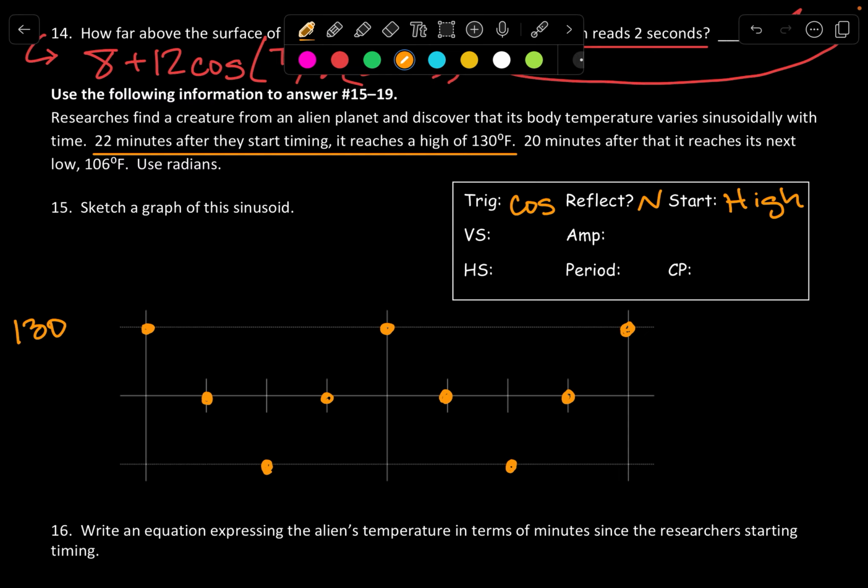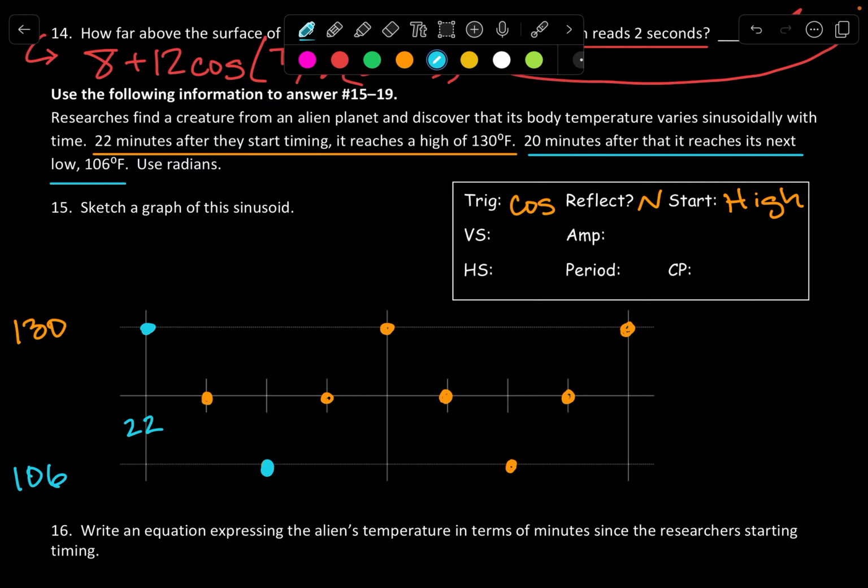Now, this high temperature also happened at 22 minutes. So I'm going to put 22 as the first point on my x-axis. It says 20 minutes after that, it reaches its next low of 106. If we are measuring our graph, this is the high, this is the next low, and the low is 106.